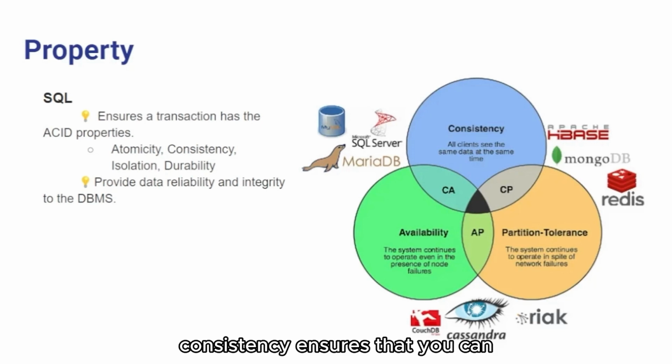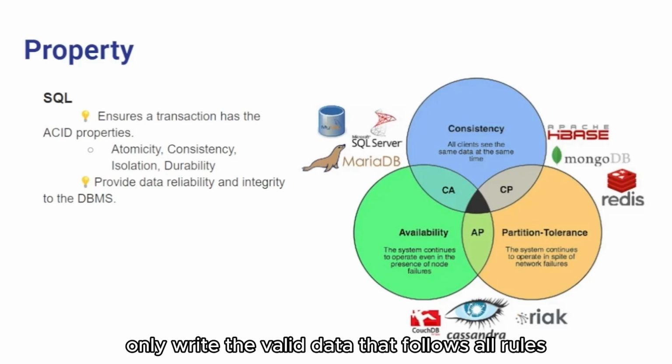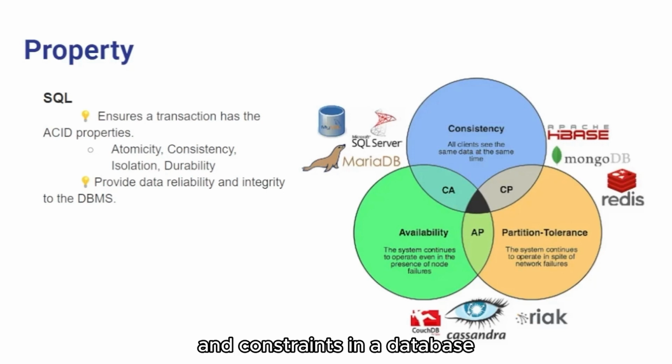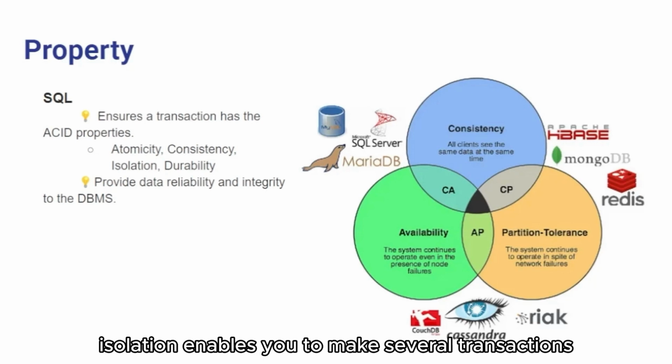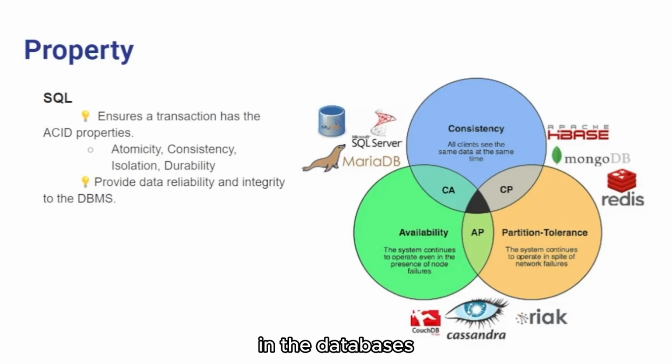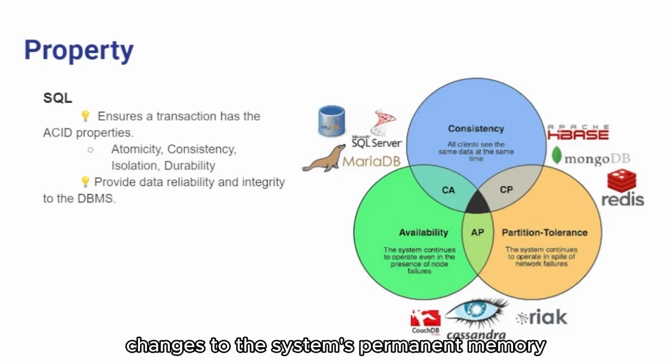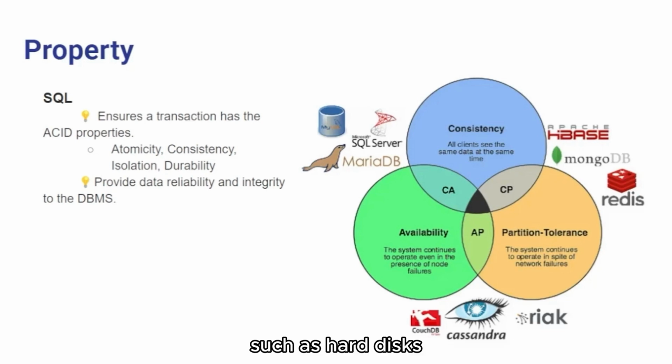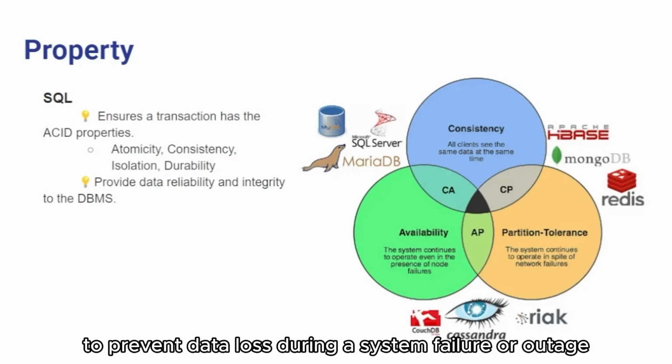Consistency ensures that you can only write valid data that follows all rules and constraints in a database. Isolation enables you to run several transactions concurrently without creating inconsistency in the databases. Durability refers to the persistence of committed transactions, so it ensures the storage of data changes to the system's permanent memory, such as hard disks, to prevent data loss during a system failure or outage.